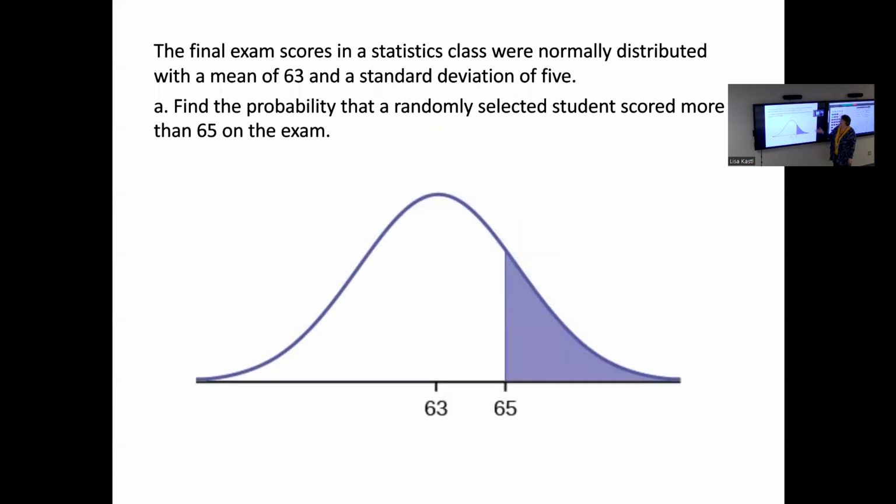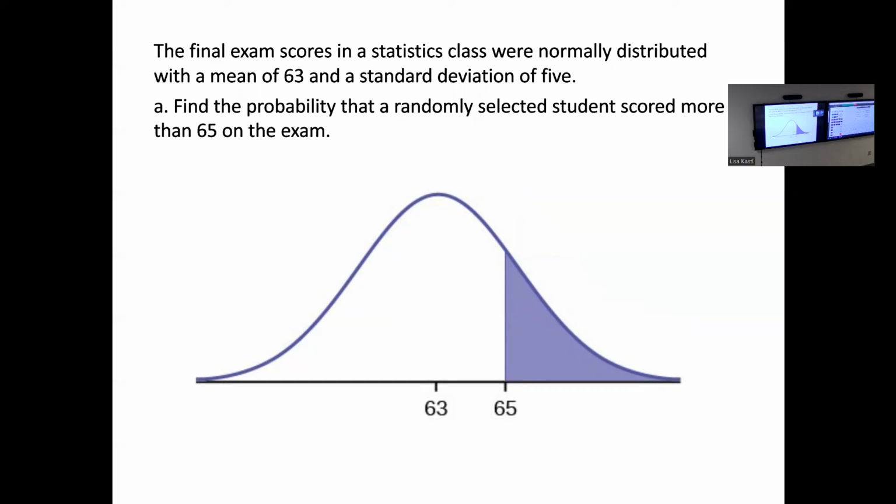Okay? All right. So let's use our calculator to find some probabilities. The final exam scores in a statistics class were normally distributed with a mean of 63 and a standard deviation of 5. Find the probability that a randomly selected student scored more than 65 on the exam.